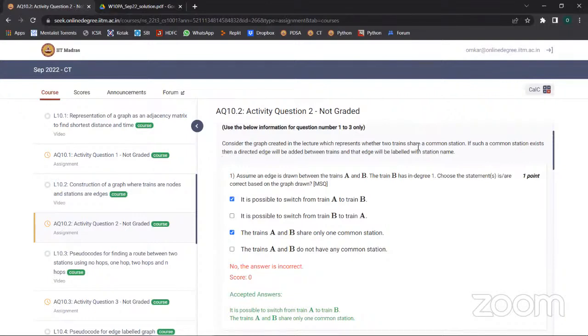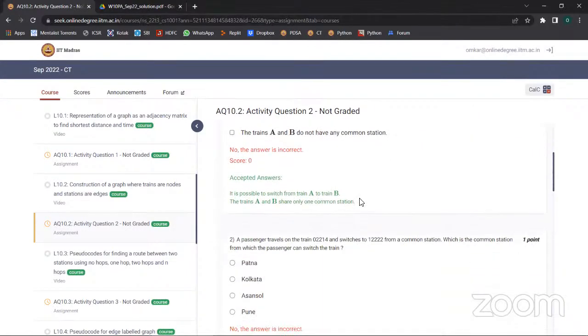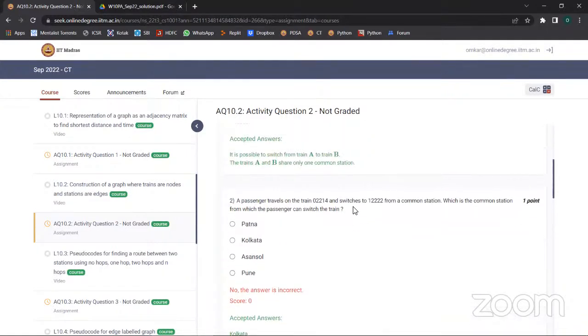So that's why this question is there. Sorry to interrupt, but in that also there is one common station. Let's say the first train is going from Nagpur to Pune, and then Pune to Hyderabad, so Pune will be the common station. So in that way also it is correct, right?